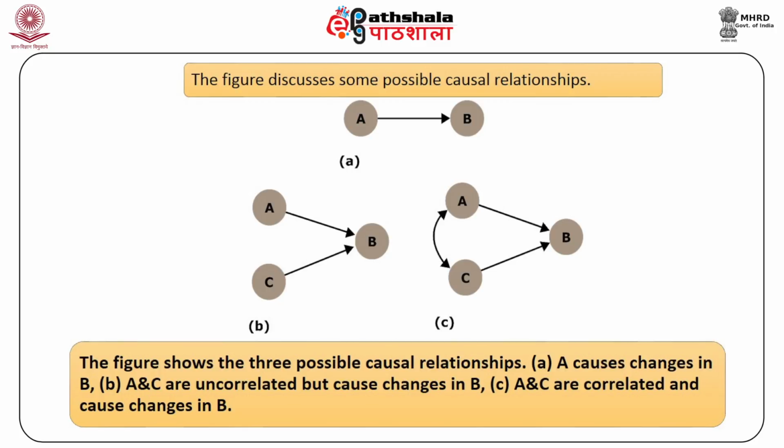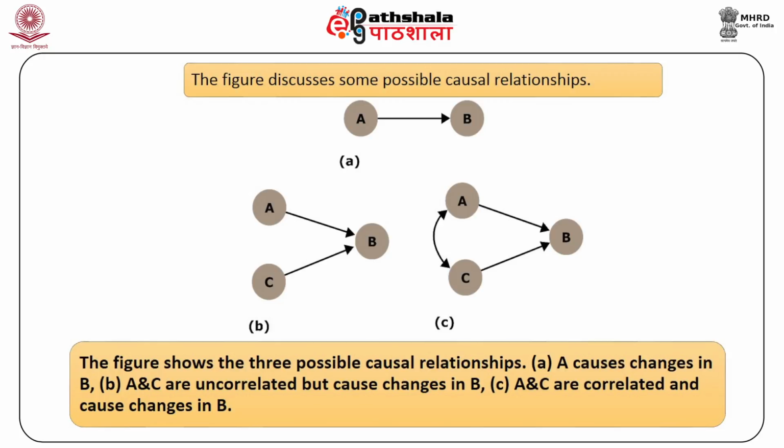The simplest relationship is when an independent variable A causes the dependent variable B to change its value. A slightly more complex relationship would be when two uncorrelated variables A and C cause the variable B to change, as shown in the second panel.